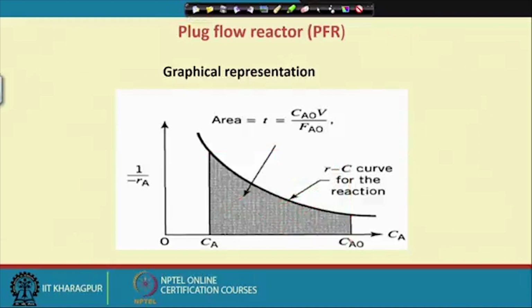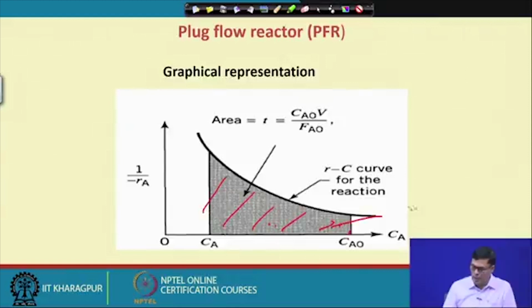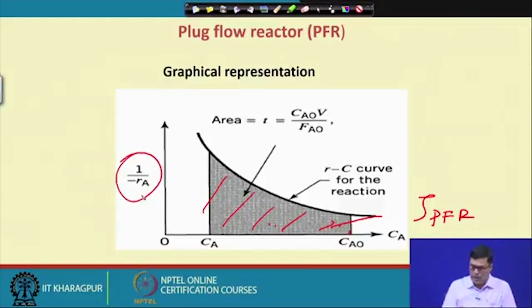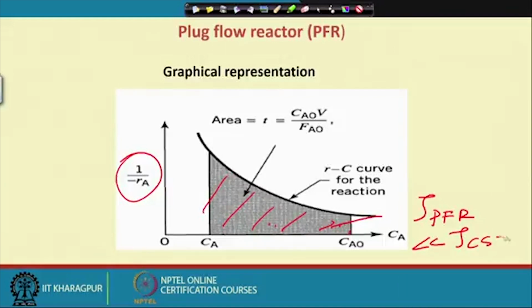But now in case of plug flow reactor, the area under this curve is called tau plug flow reactor. So obviously, if in any kind of reaction you have the correlation between 1 by Ra versus Ca with this kind of pattern, I can easily say that tau plug flow reactor will be much less than tau CSTR.